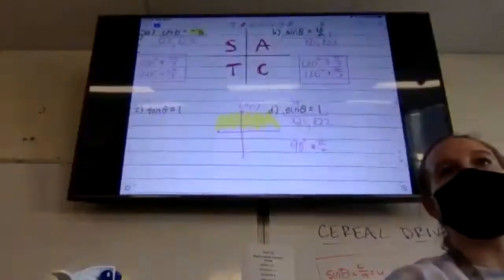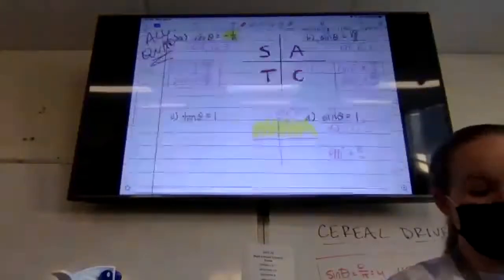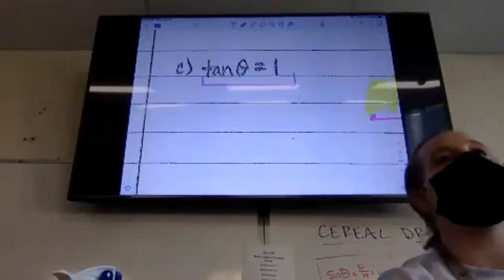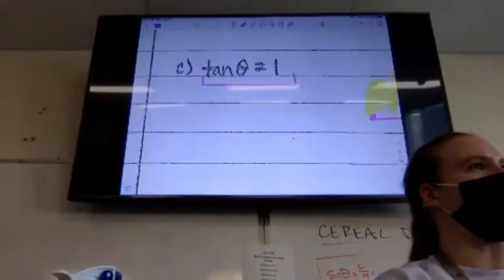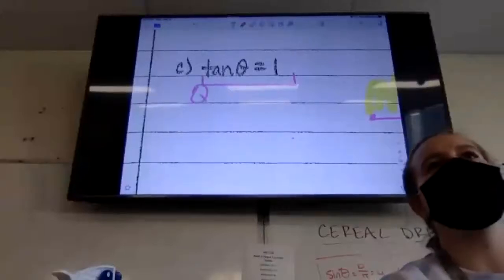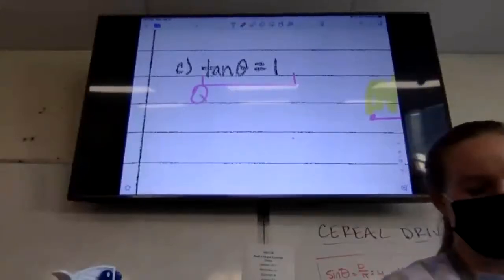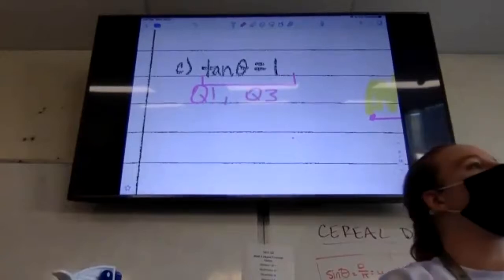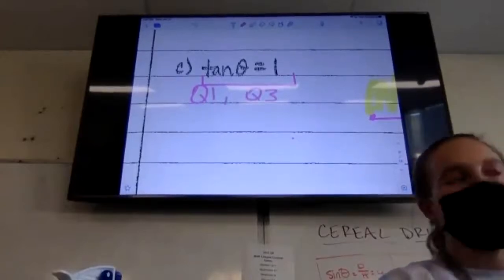Okay, questions yet? The last one we're going to do is a little tricky, but I'm going to argue it's not that tricky. It says tangent of theta equals 1. So I'm looking at where tangent is positive. Which quadrants is tangent positive? 1 and 3, very good. And I want to know where tangent is 1.